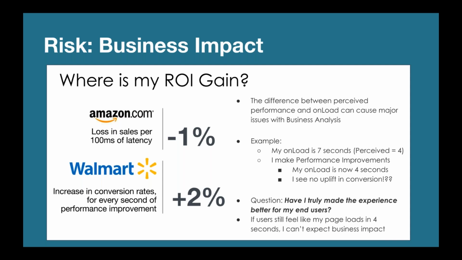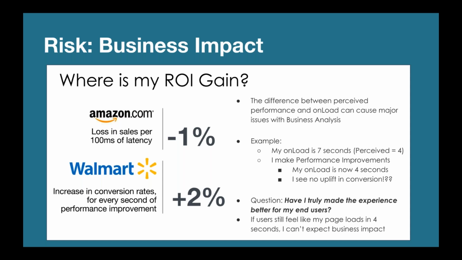And so you might not hear this talk track too often, but we have a huge risk that I've seen in the marketplace where you spend a lot of dev effort, or hundreds of thousands of dollars making these pages faster and monitoring it, and you don't see the uplift, right? So here's the example.